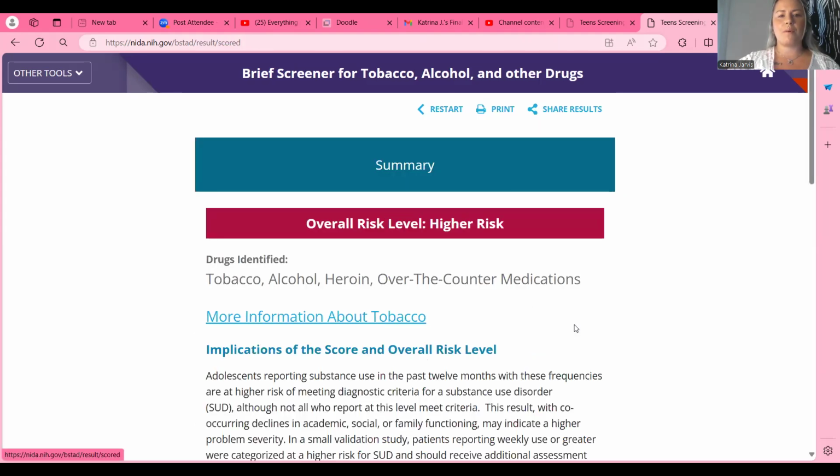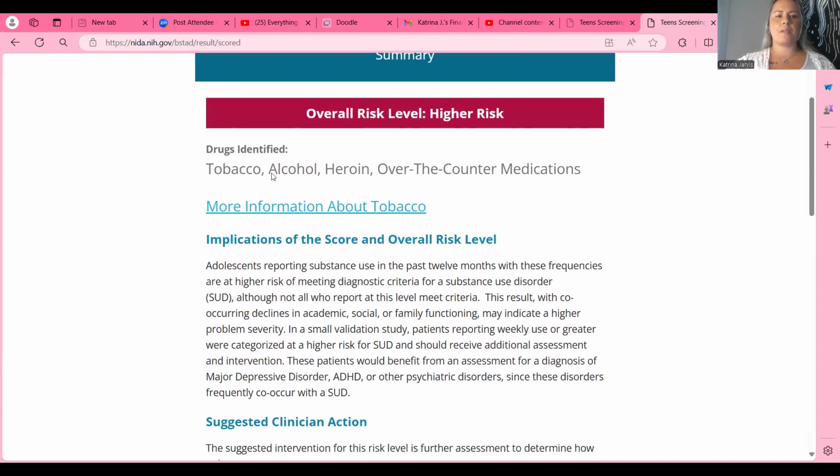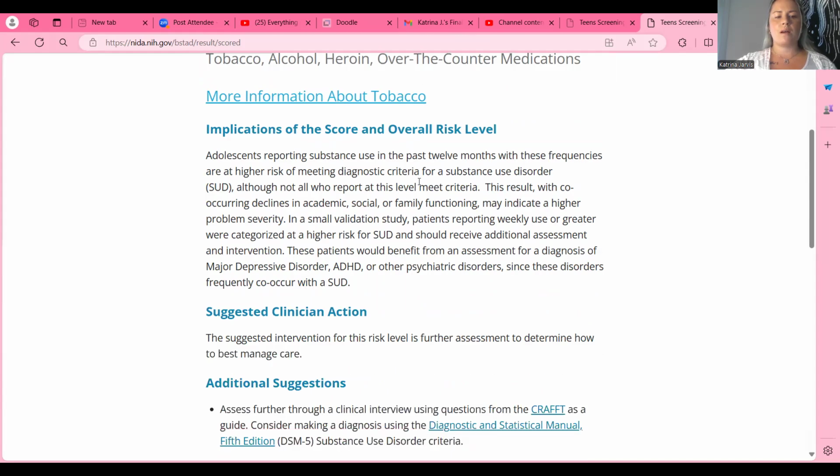So we're clicking away and we get this nice summary at the end. And then identified tobacco, alcohol, heroin, and over-the-counter medications.